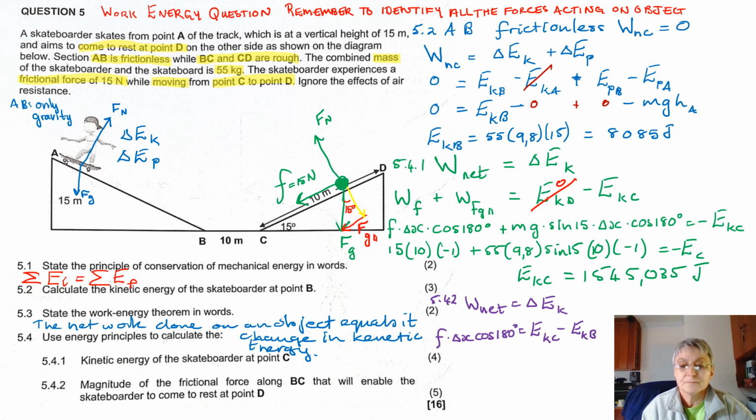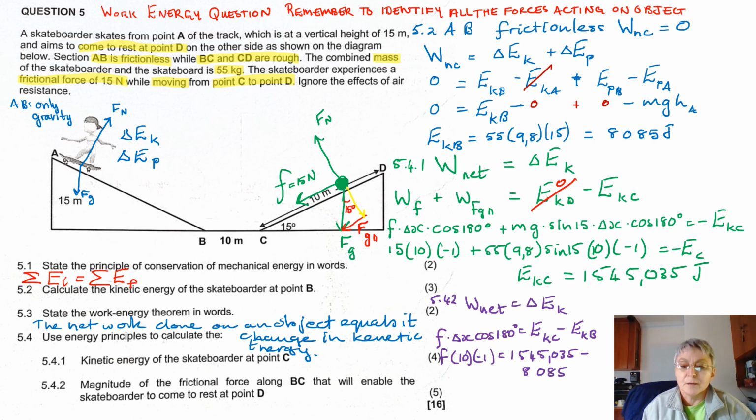So F times 10 times minus 1 is equal to, now the kinetic energy at C is 1,545.035 minus the kinetic energy at B, which is 8,085.